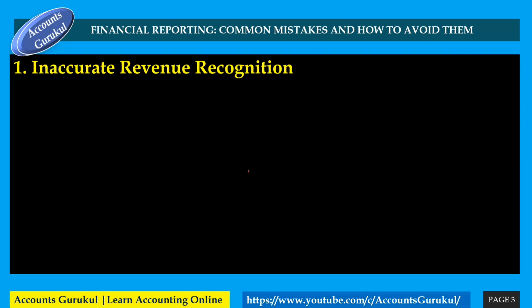When you have to recognize the revenue, if you don't know the rules, that's going to create a problem for your financial reporting. And this is always discussed based on our own experience, knowing that we have 18 plus years of experience in accounting and finance. And considering that, we are discussing all these things. Inaccurate revenue recognition, how is it going to impact?